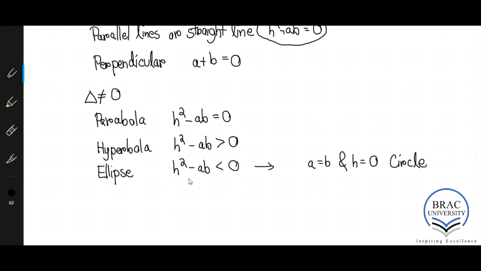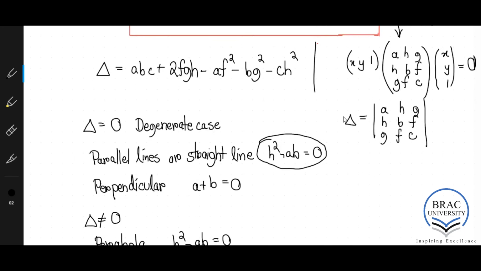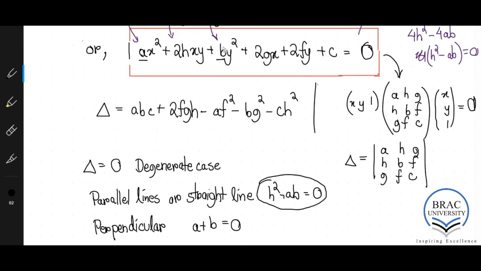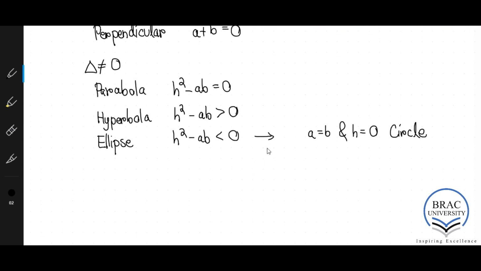Okay, so same condition, the discriminant being less than 0 and these two conditions being satisfied: the constants in front of the x squared and the y squared are equal, and the h is 0, so this cross term is disappearing, we would have a circle.